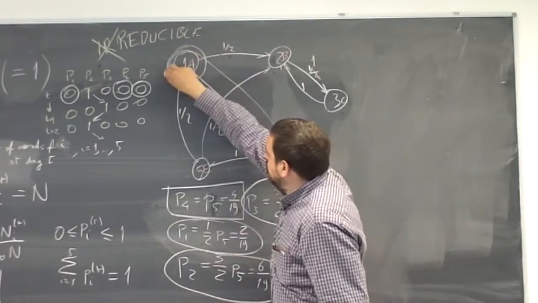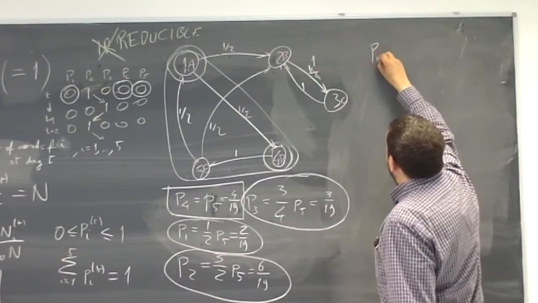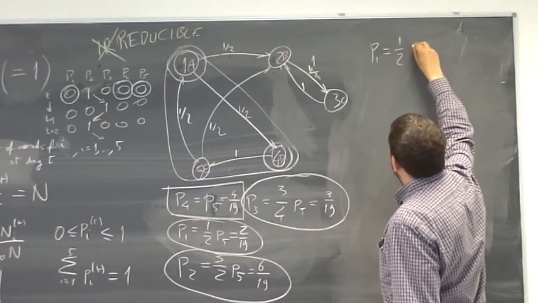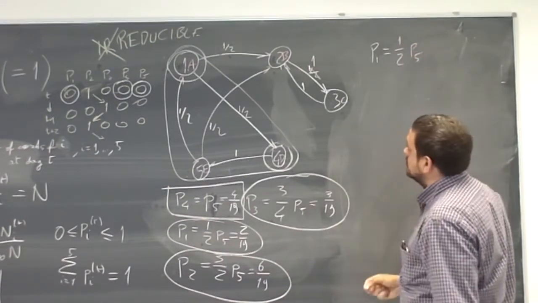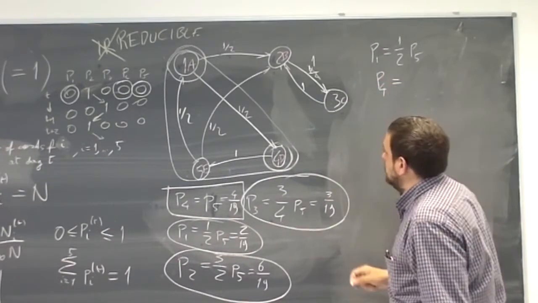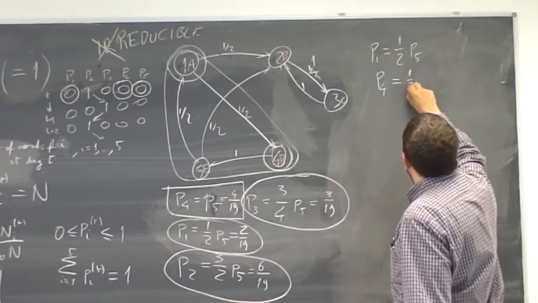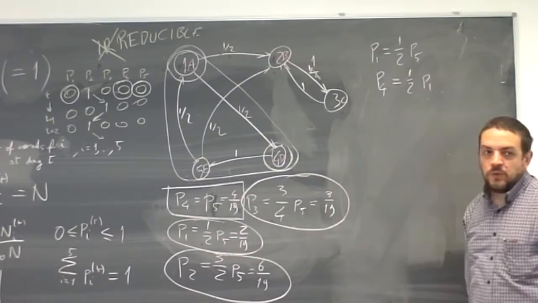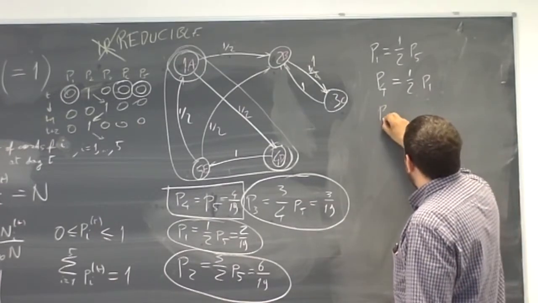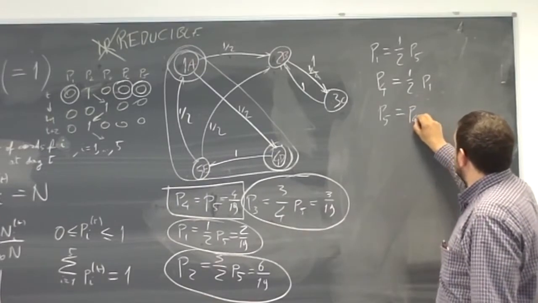The equations for these three nodes are, in this case, P1 is equal to 1/2 P5. P4 is equal to 1/2 P1. And finally, P5 is equal to P4.